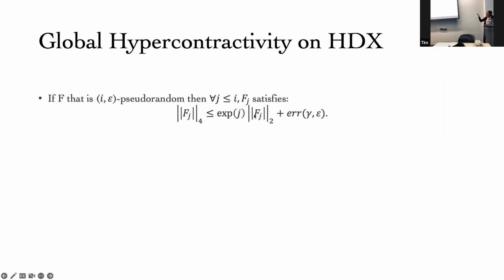But this does not hold for all level j functions, but only the pseudorandom ones. And again, using this classical connection between hypercontractivity and expansion, we get that all pseudorandom sets expand.